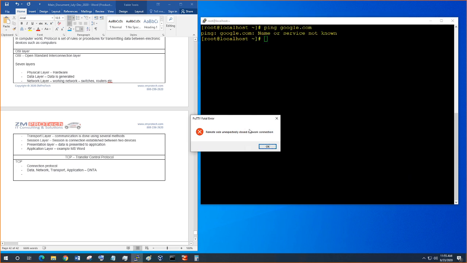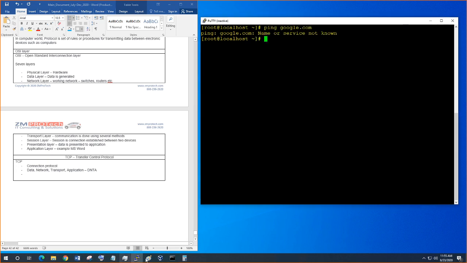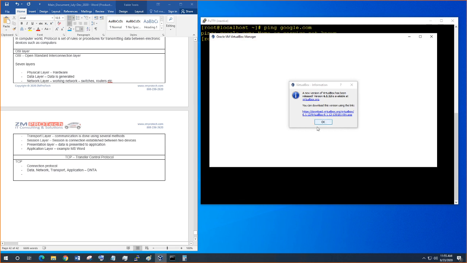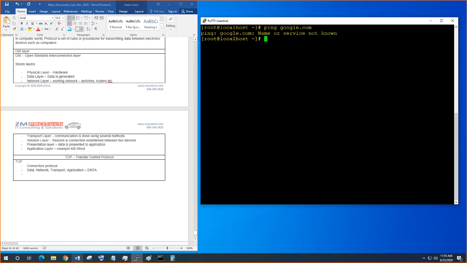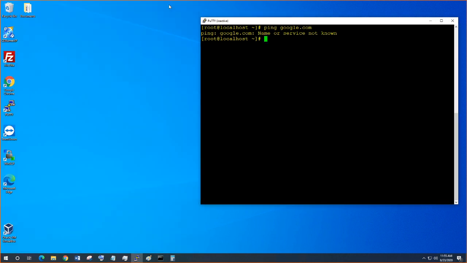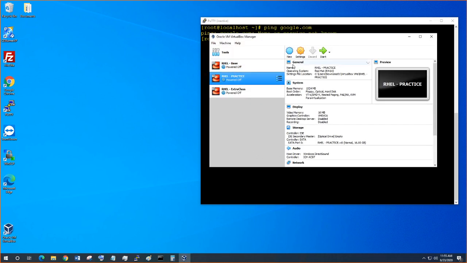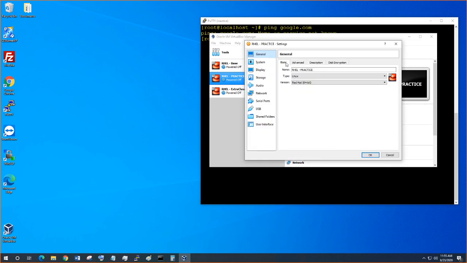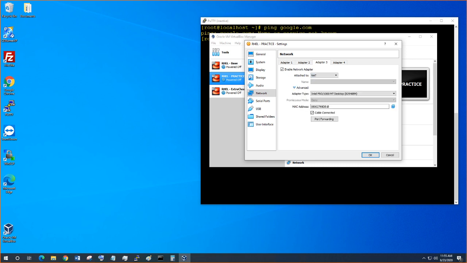I was performing the demonstration on network bonding, so I disconnected one Ethernet adapter yesterday. So I'm going to put this back, and you have this enable NAT. It will bring you the internet connection.